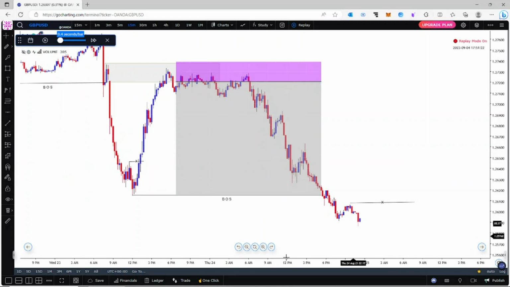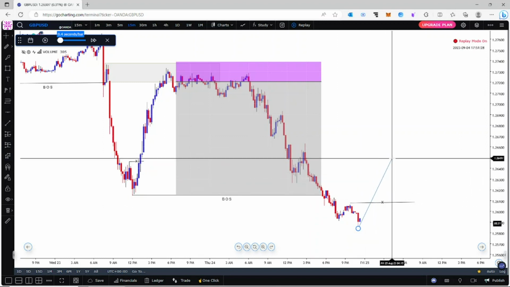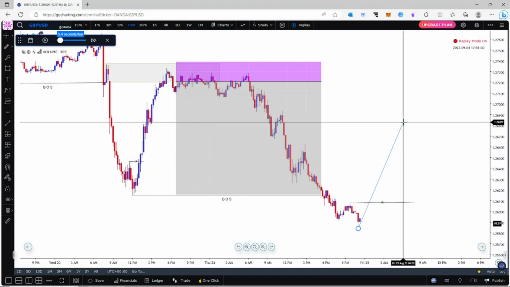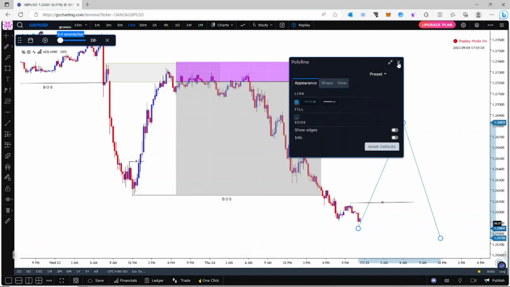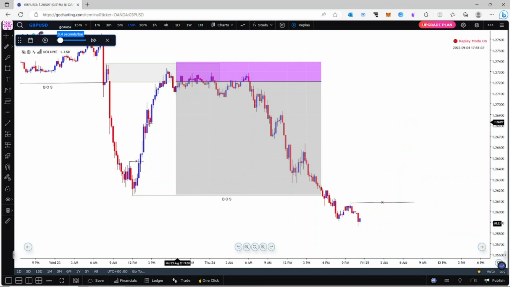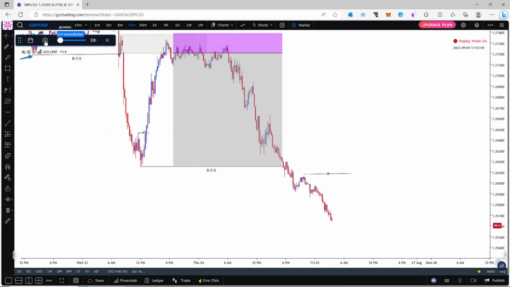So let's see whether price is going to move this way or this way and then drop. Okay, so let's see. I'm not sure we are getting that.